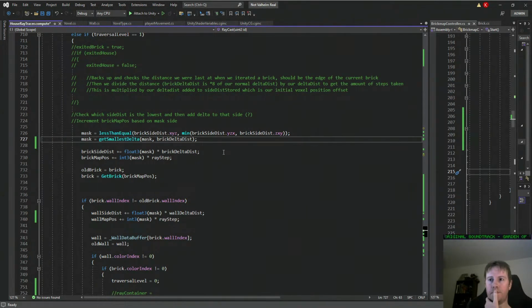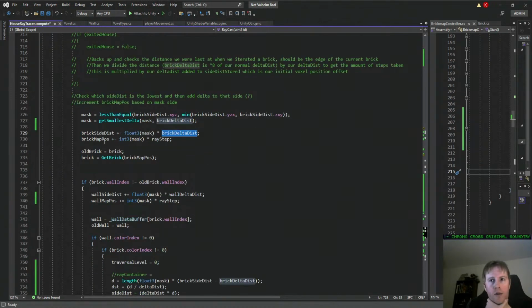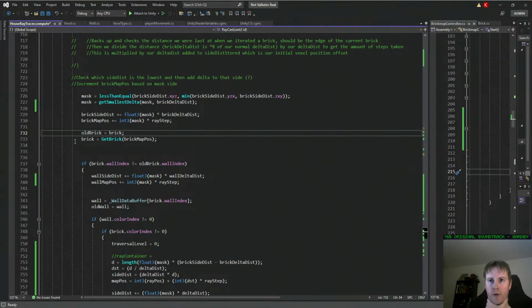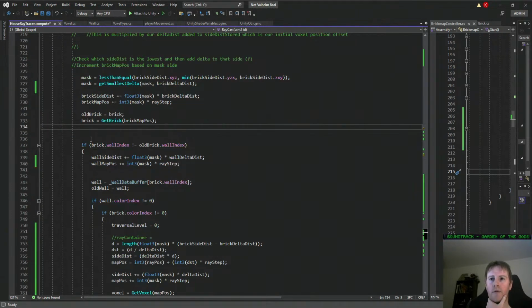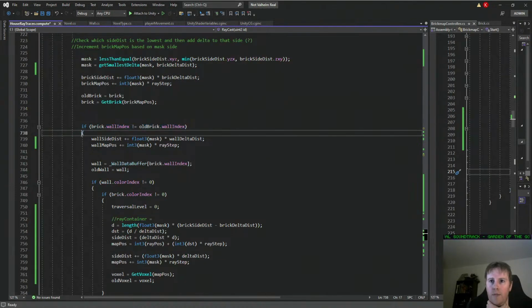And then we iterate the side dist by the delta dist, the way it's supposed to be. The brick map position is iterated by the mask as well. Old brick is set to brick. We get the brick from the brick map position. If the brick is not the same wall index as the old brick, then we start traversing wall. But let's skip that again for now.